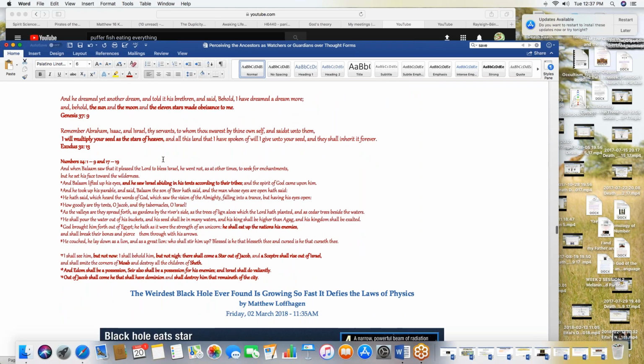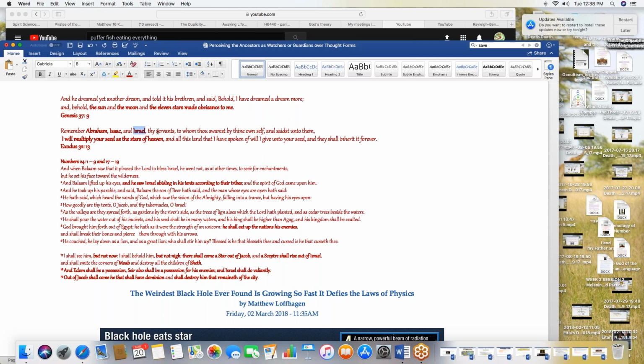Next scripture verse is Exodus 32:13. Key words here. Remember Abraham, Isaac, and what? Azrael or Israel. Remember the angel was Israel.